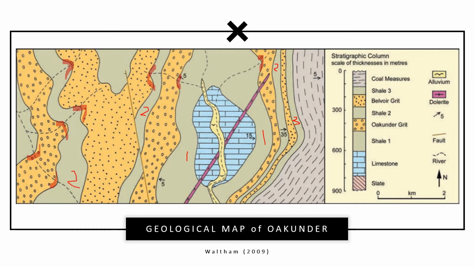And how about this side? So how can we identify the shale here? Belvoir grit, shale 2, O'Connor grit. So this is probably shale 1.